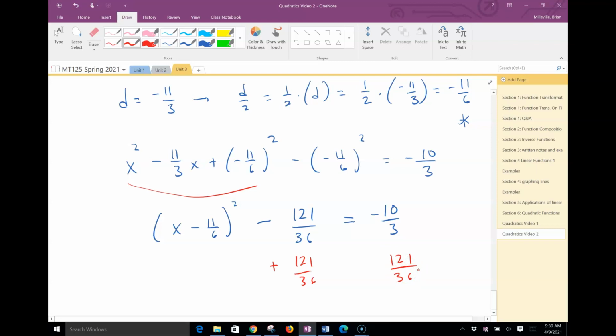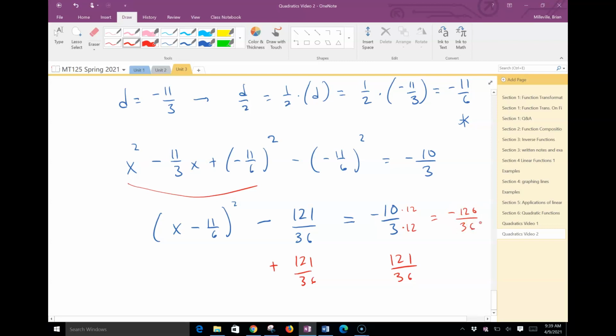All right, now I'll just rewrite, just to save a little time here, this right hand side. 12 times 3 is 36. We would want to multiply both top and bottom by 12. That will give us, in this problem, negative 120 on the right side over 36.